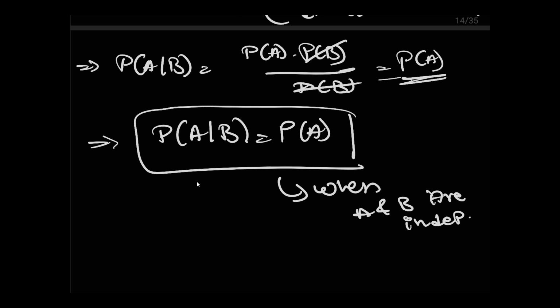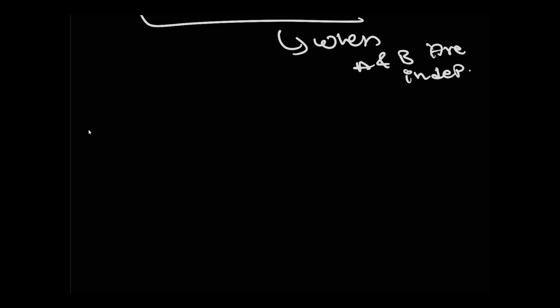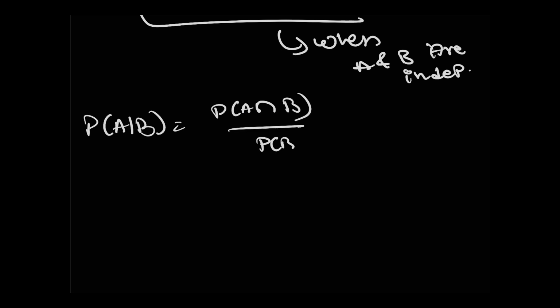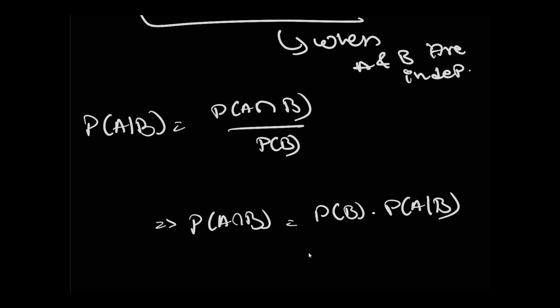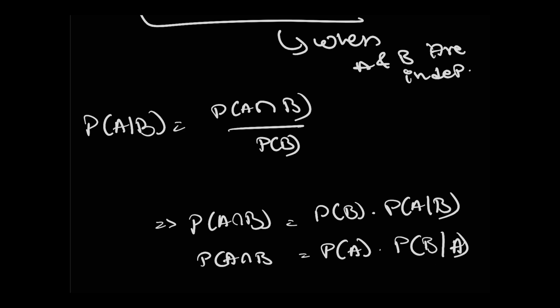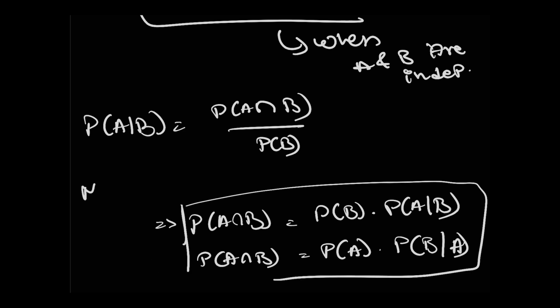Now, from this we can write one thing. We know that probability of A given B equals probability of A intersection B by probability of B. That means probability of A intersection B equals probability of B into probability of A given B. Also, probability of A into probability of B given A. And we call this equation the multiplication theorem.